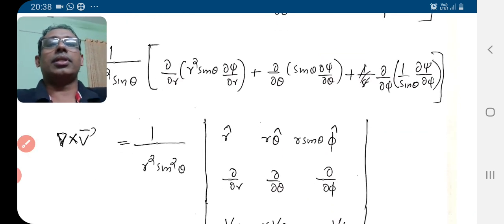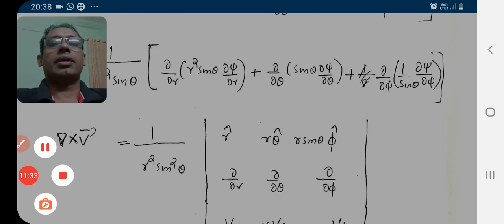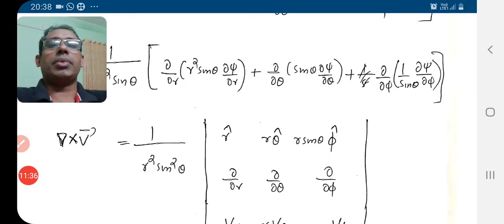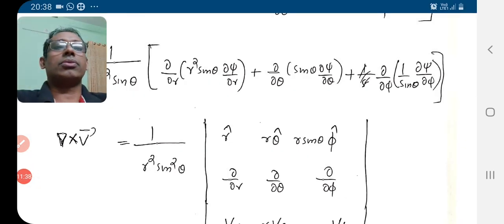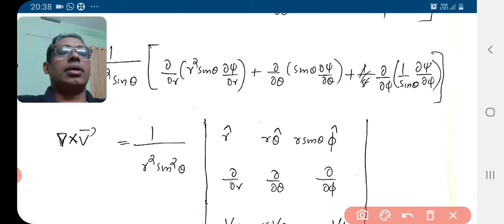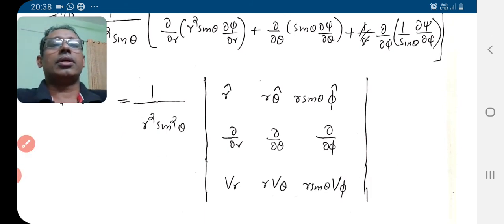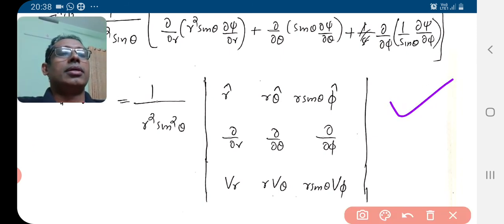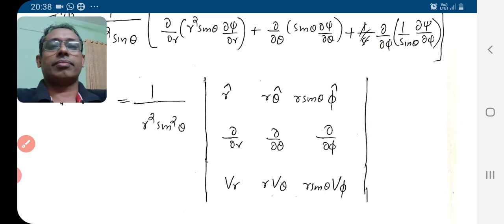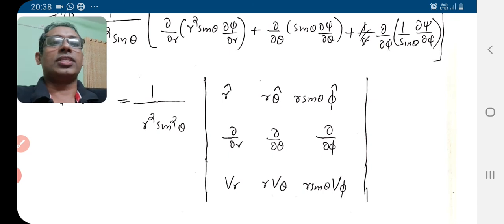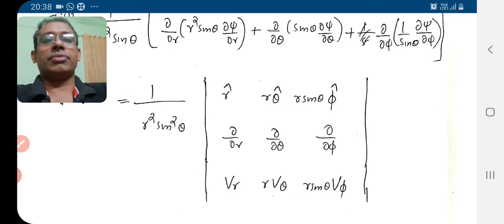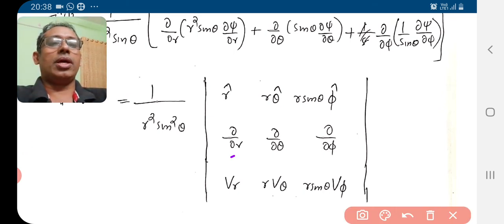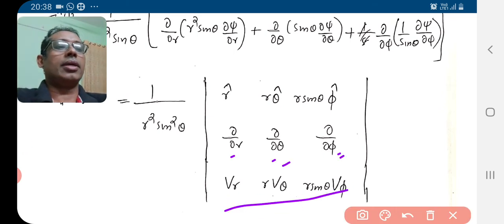Del cross v is given by 1/(r² sin θ) of this, the determinant of r̂, r θ̂, r sin θ φ̂, ∂/∂r, ∂/∂θ, ∂/∂φ of this.